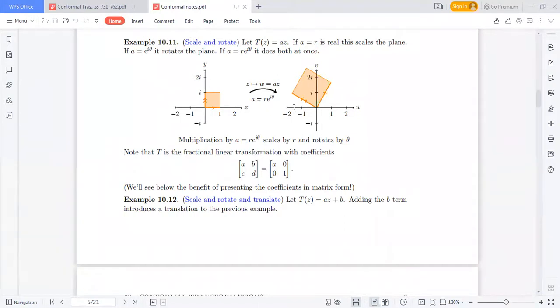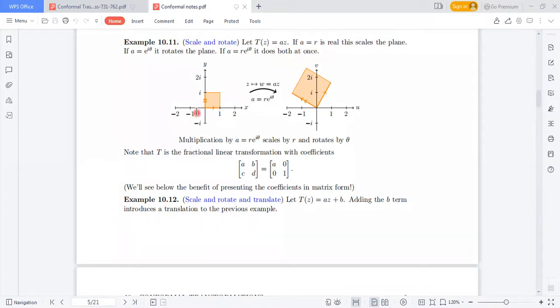With rotation, we can give an example. Suppose T(z) equals az. This is a linear fractional transformation mapping or Mobius transformation. If a equals r, which is real, this scales the plane. If a equals e to the power i theta, it rotates the plane. If a equals r times e to the power i theta, it does both at once.